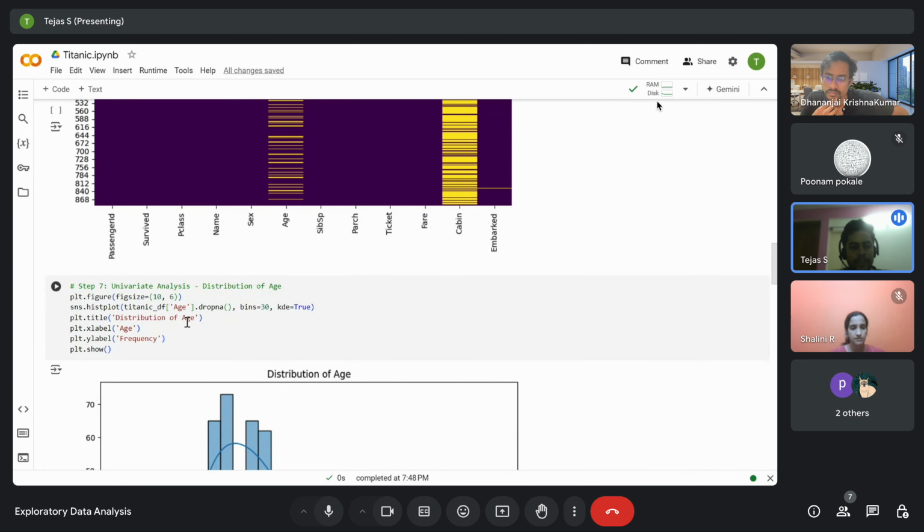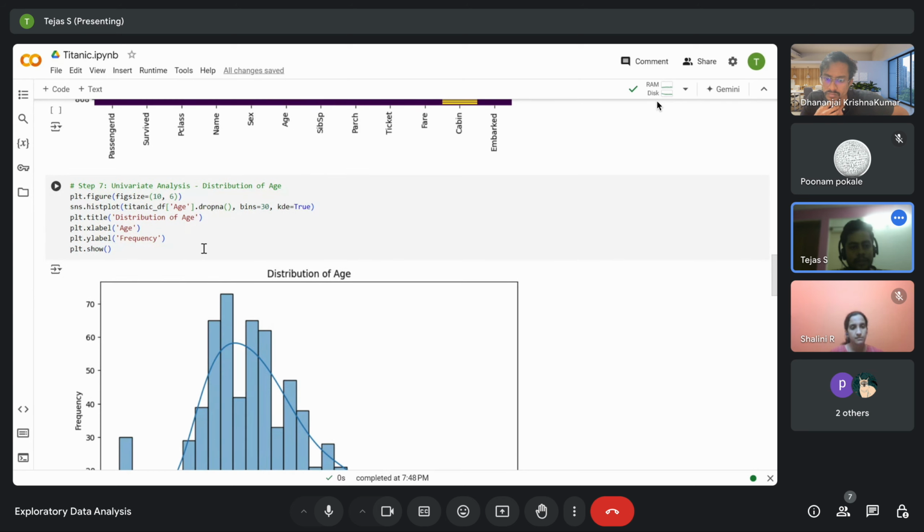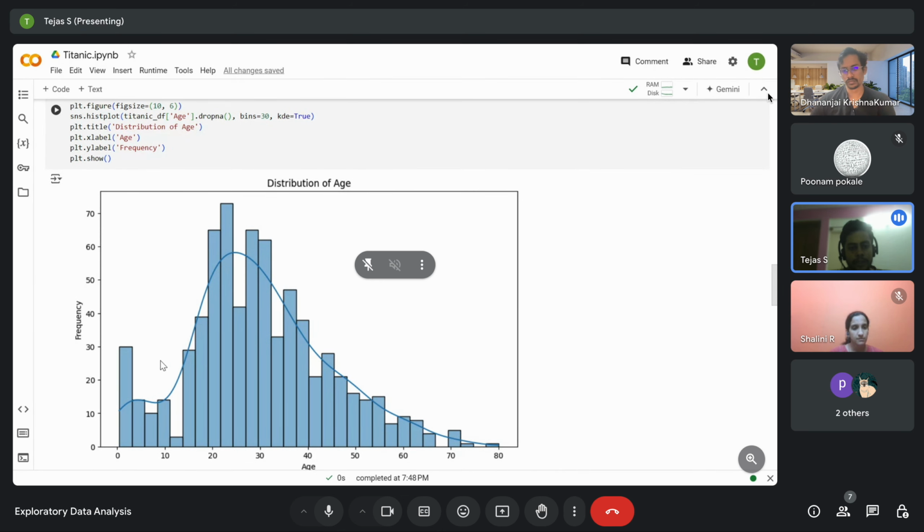And next step, I have univariate analysis, the distribution of age. So I use a histplot over here for understanding the age group which are traveling, which have the highest frequency for traveling in the Titanic.